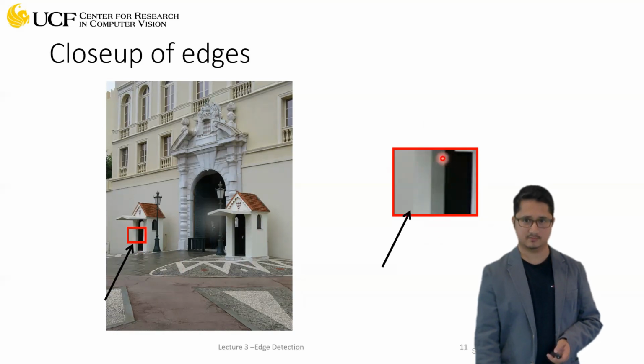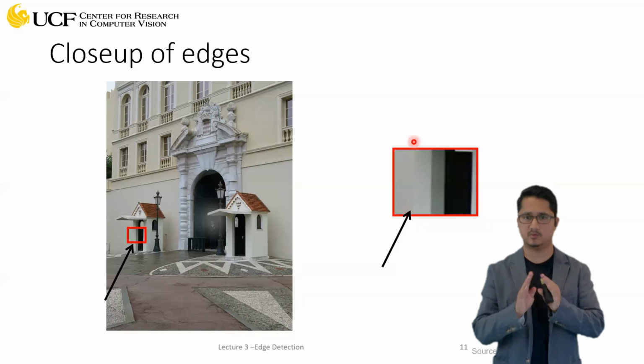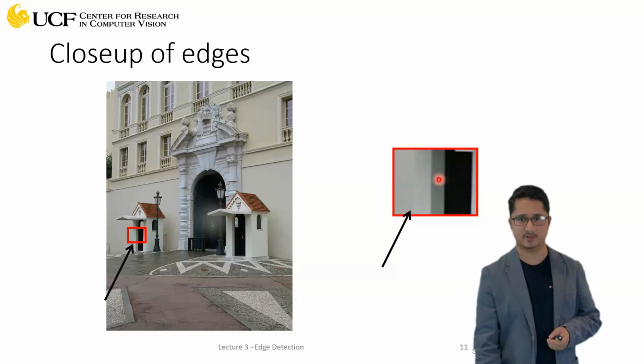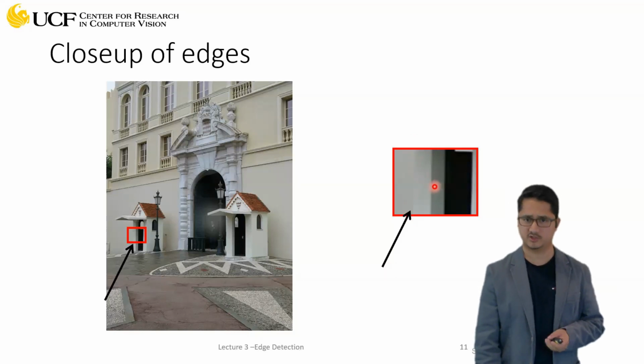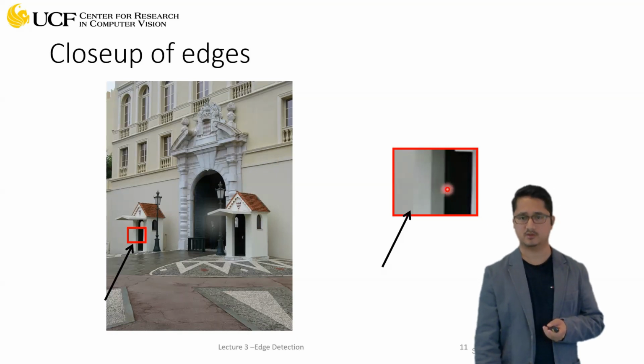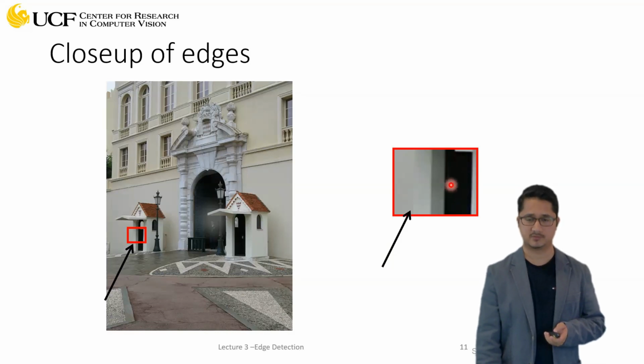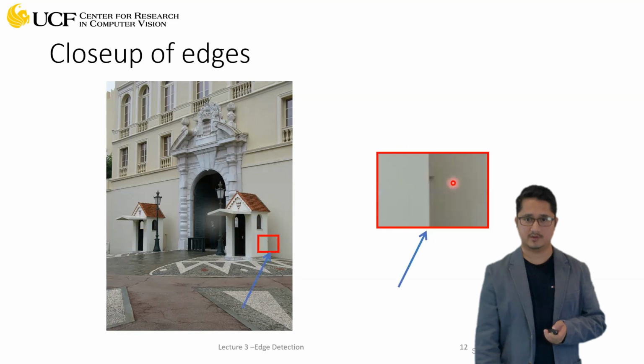This first one is actually not even visible here, but it is an edge, and I think the surface normal is changing. And again, we have an edge here. This could be illumination due to different lighting conditions, or the surface normal might be changing. Both might be happening at the same time. So we have all these edges here.